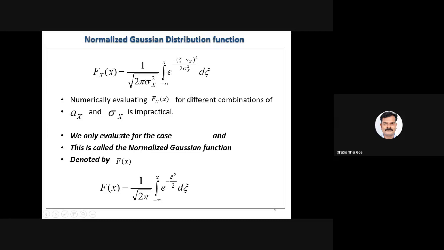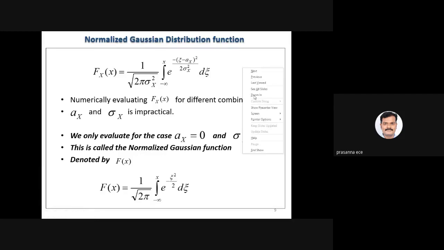So what we do is something called normalization, which corresponds to the case where ax equal to 0 and sigma x equal to 1. When we plot the graph for ax equal to 0 and sigma x equal to 1, we call the graph a normalized Gaussian function.